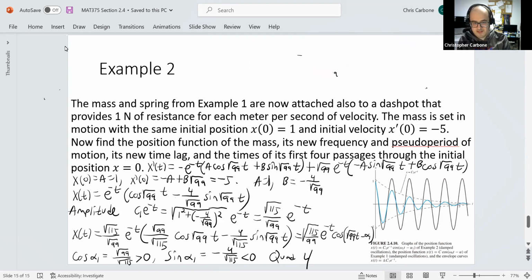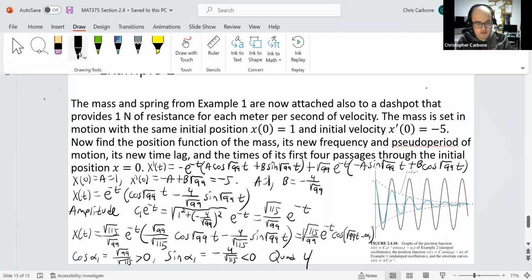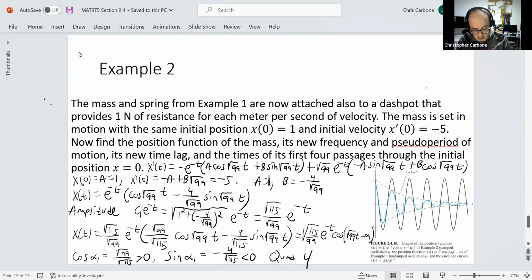Okay, so this is going to make the angle alpha sub 1 to be 2 pi plus the inverse tangent of negative 4 divided by the square root of 115 divided by the square root of 99 divided by the square root of 115.